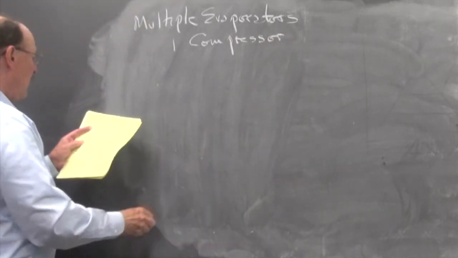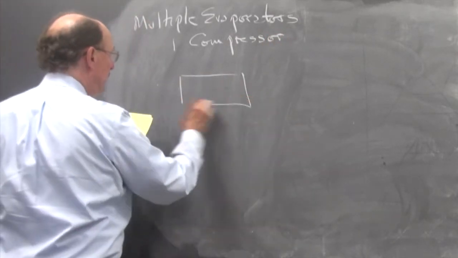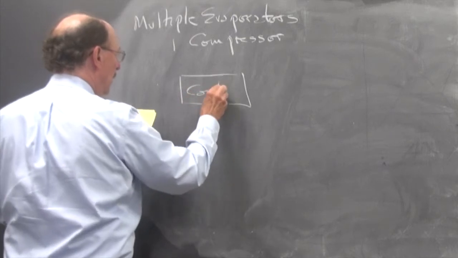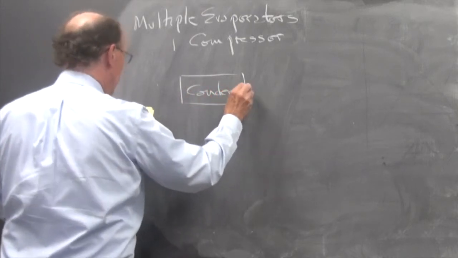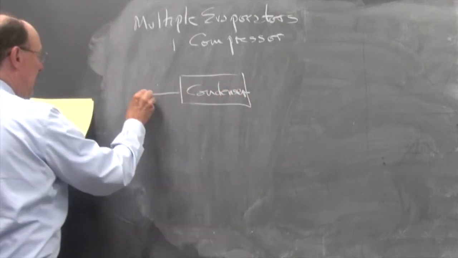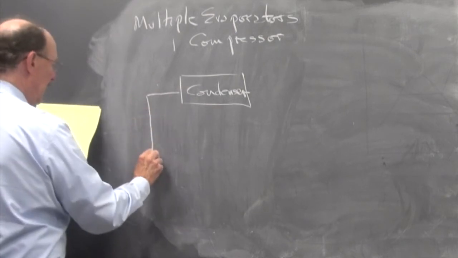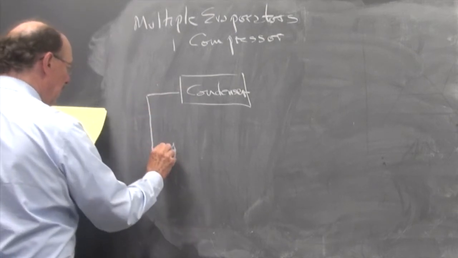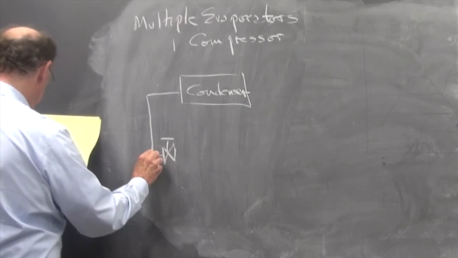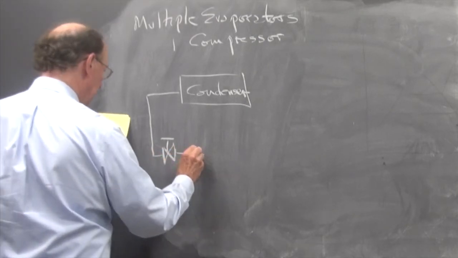And so we'll have our condenser here. It's going to come out and go down, and we'll have, in this case, 2 evaporators.